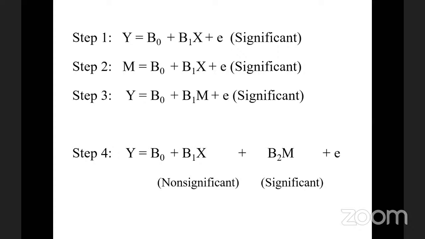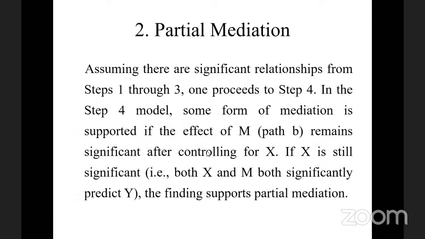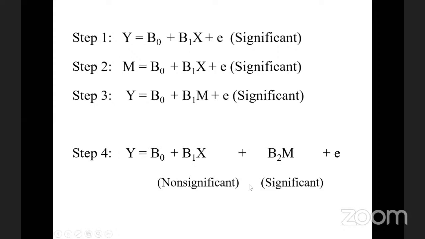It should be significant. And when we take the independent variable X and the mediator variable simultaneously, then the relationship should be not significant. If it is not significant, it means full mediation. If it is significant, then we say partial mediation.